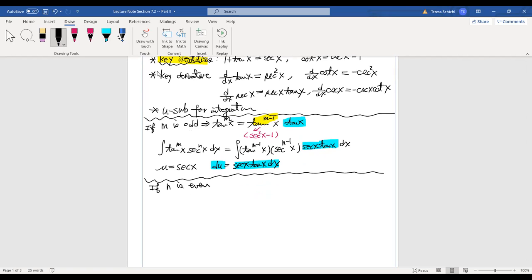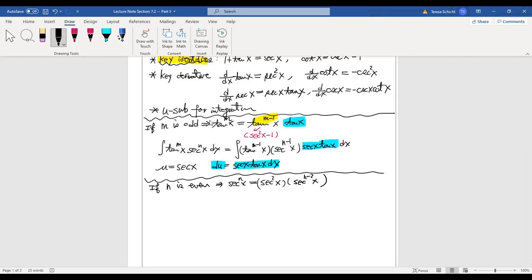Now we can factor out. If n is even, you have secant^n x, so you can factor out a secant squared x, and then you have secant^(n-2) x here.